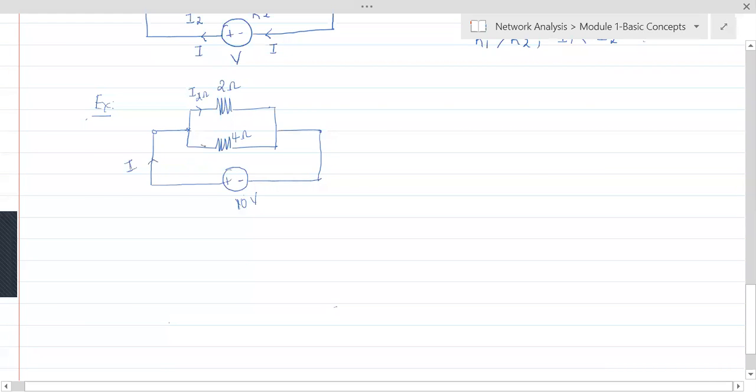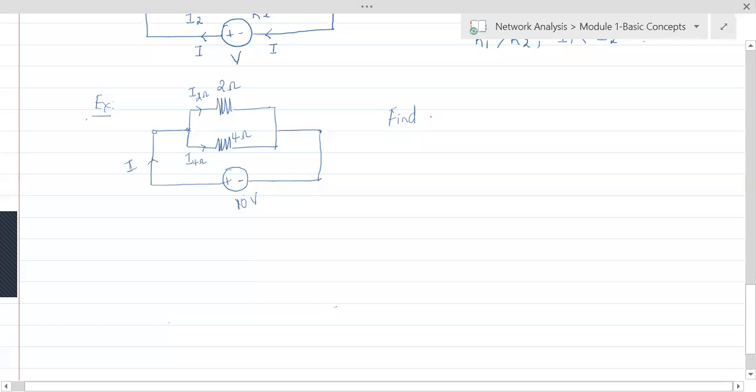The other current, going into the 4 ohms branch, I'll call I4 ohms, so there will not be any confusion. This total I gets divided into two parts. Now we need to calculate here.